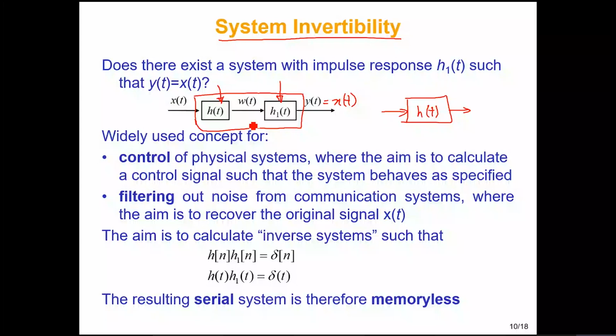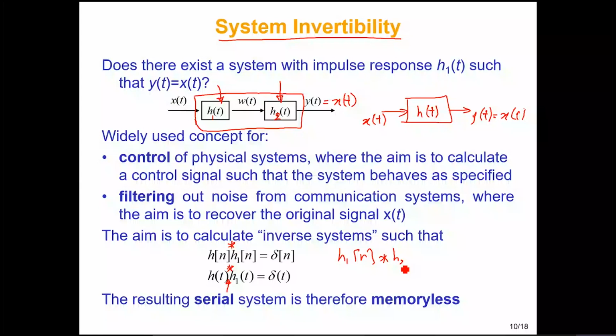If we want y(t) to be equal to x(t), then the convolution of these two systems' impulse responses will end up giving you delta as a result. So the convolution sign is missing here. That was what I pointed out last time also. So if you have two systems h1[n] and h2[n] which are inverse of each other, then the convolution of these two will end up giving you delta[n]. And the same is true for continuous time also.